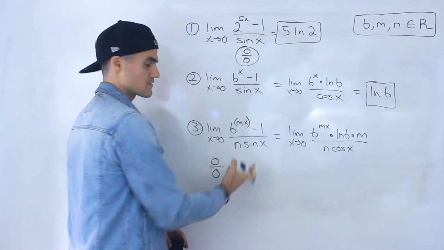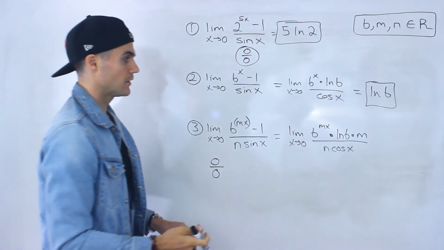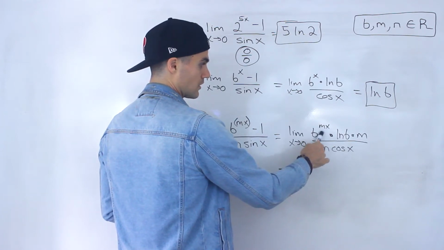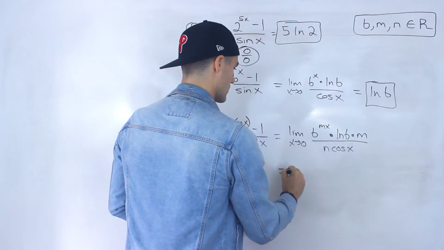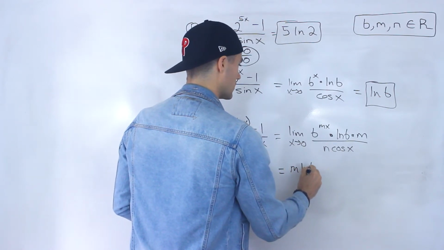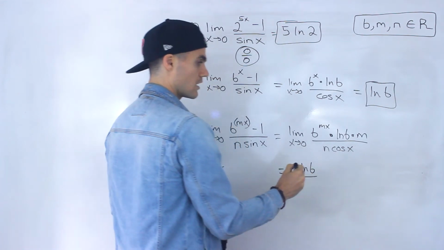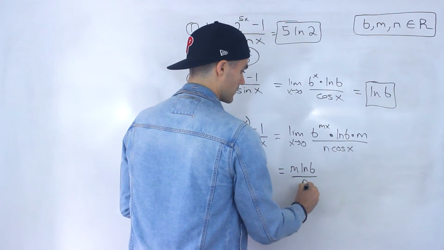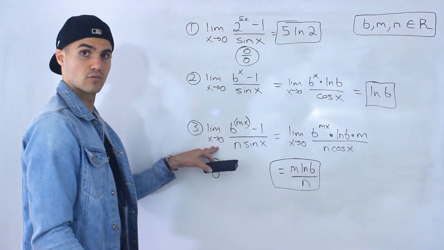That constant stays in front and we just differentiate sine x like that. Now we can plug in 0 for the x value. We plug in 0 here, that ends up being 1. So we'd end up with m ln b over n cos of 0, which is just 1, so it's just an n that we're left with at the bottom. That ends up being the answer for this one.